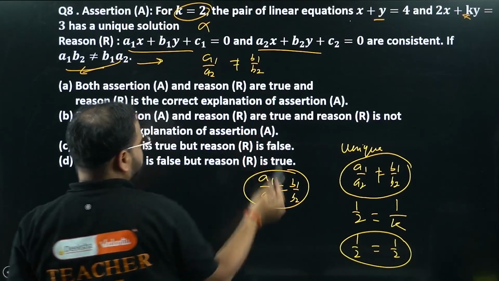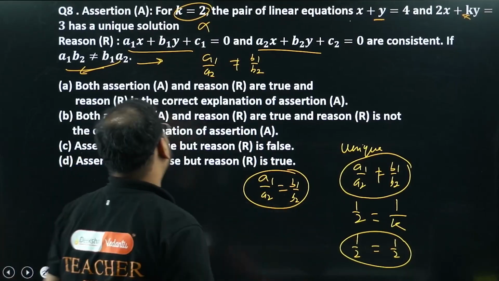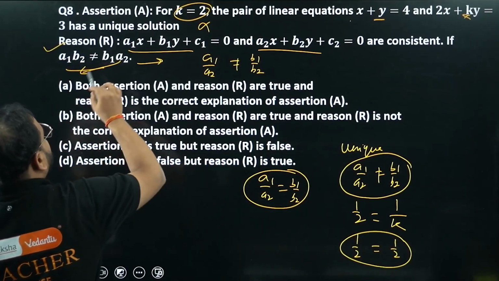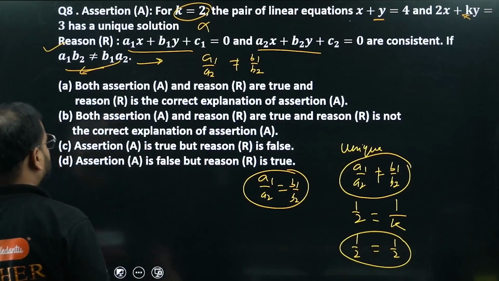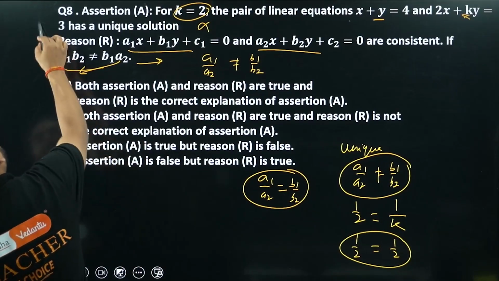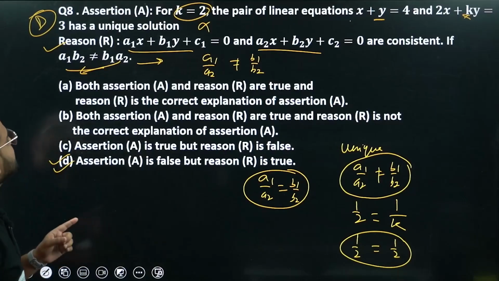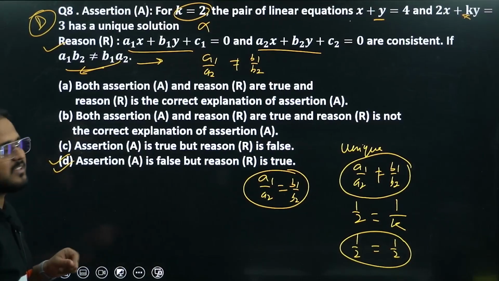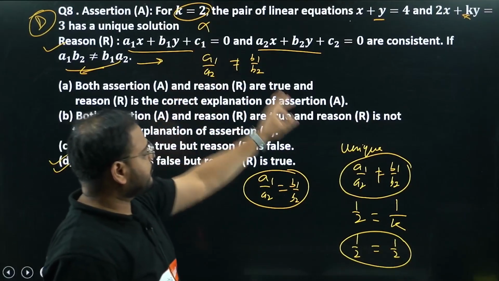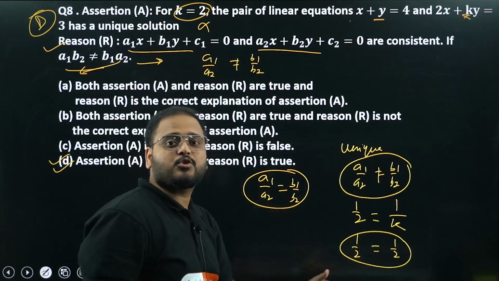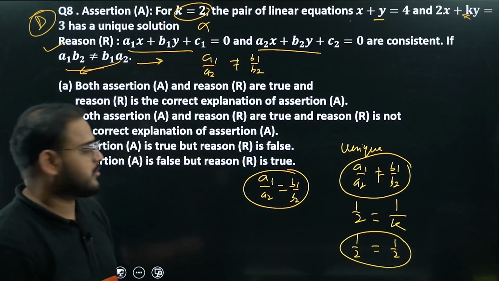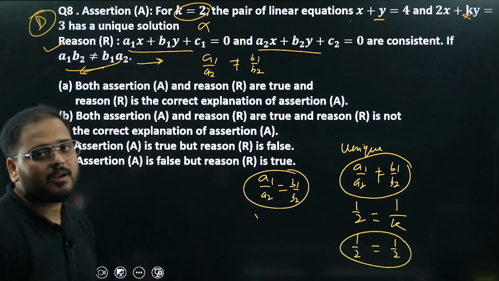That's correct, right? So the reason is correct. The answer is reason true, assertion false. Option number D. Reason is a standard statement. Assertion, once we solved it, we got both to be equal. They should not be equal for a unique solution. Hence the assertion is false.